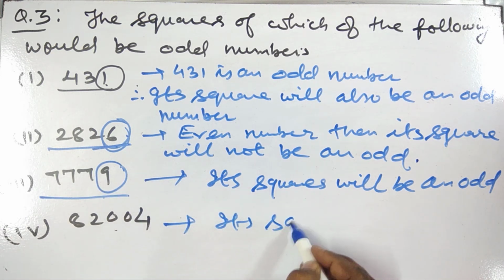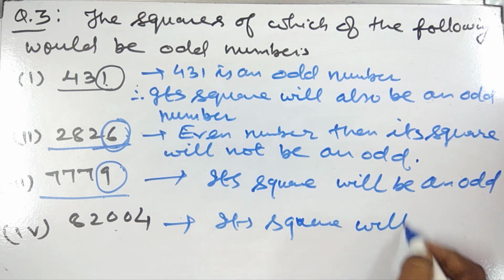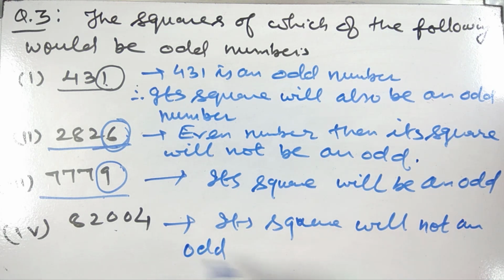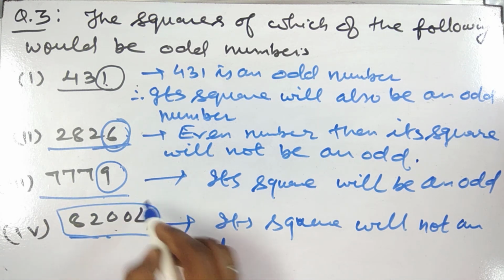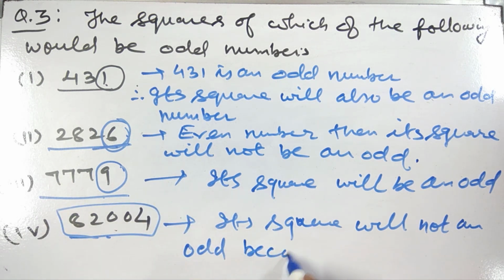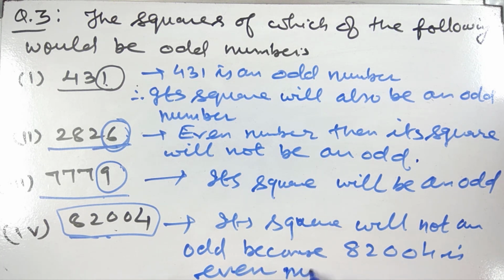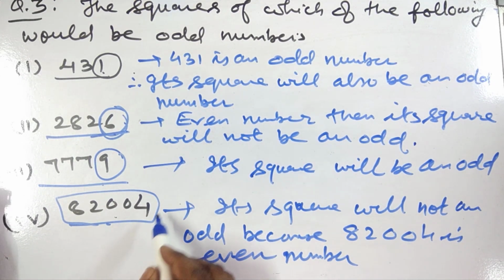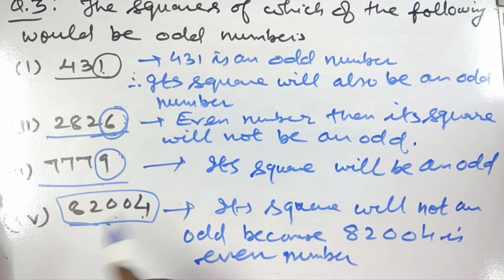Its square will not be odd. Why? Because this number is an even number. Students, this number is an even number, so its square is also even, not odd.